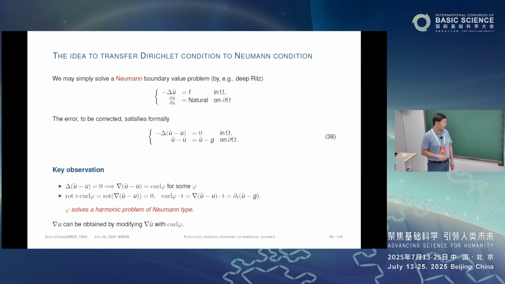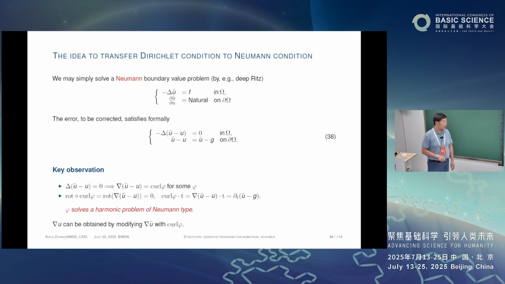So naturally, the gradient of u tilde minus u equals some curl phi for some phi. So far, so trivial. And also, the rot of curl phi equals 0. And also, curl phi dot t equals the partial derivative in t of u tilde minus g at the boundary.